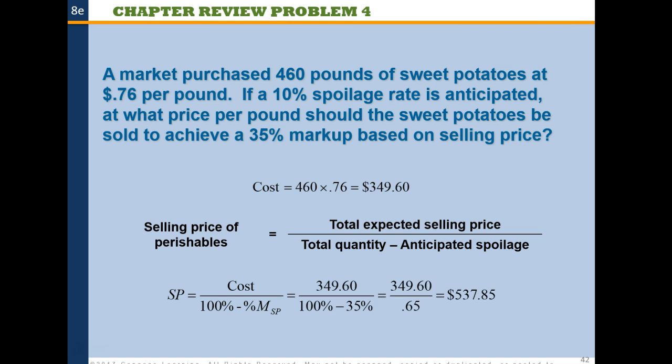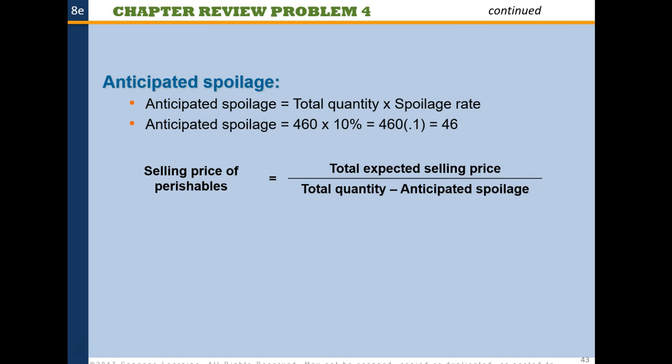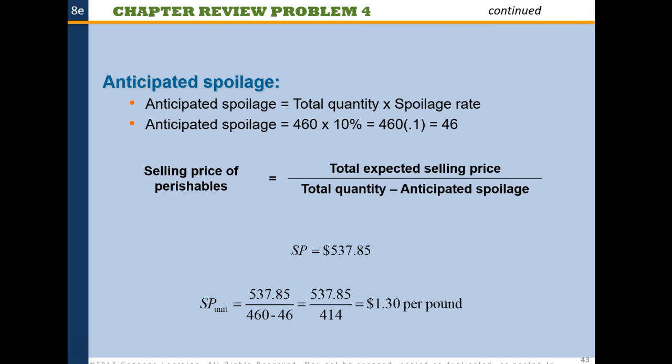And then we need to calculate the selling price, cost divided by 100% minus 35%. Our spoilage was 460 pounds times 10%, which was 46 pounds. We plug that back into our equation: the selling price divided by the total quantity minus the anticipated spoilage, and we get $1.30 per pound.